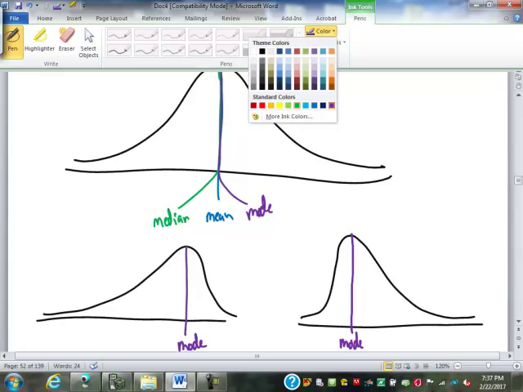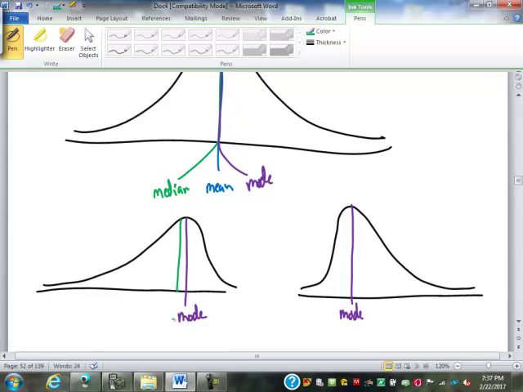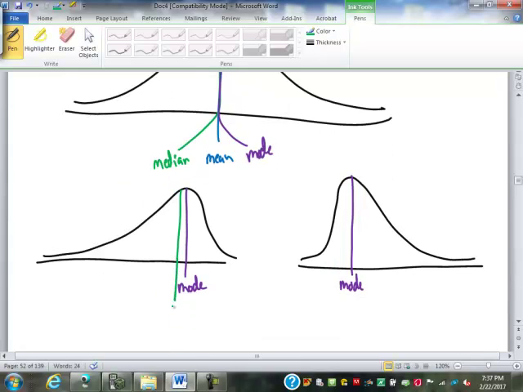The median is going to be pulled slightly away from that peak by the skewed data. So in the direction of the skew is going to be the median.